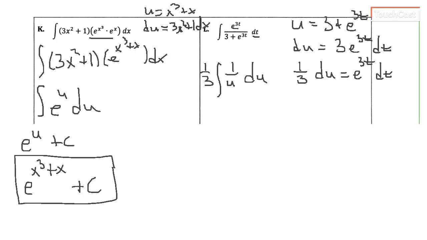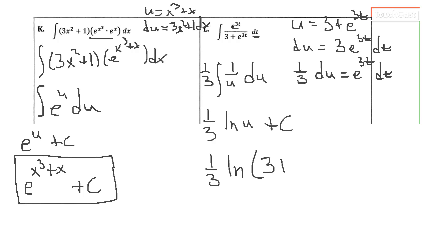We just have to remember the rules. So we're going to have 1/3 times the natural log of u plus c. Now I'm going to replace u with what we said u is equal to. So we're going to have 1/3 times the natural log of 3 plus e to the 3t plus c, and we're all done with it.